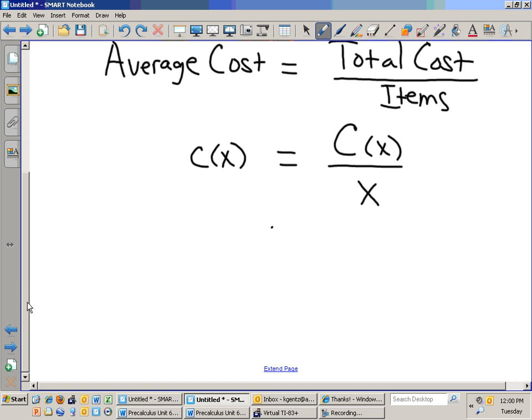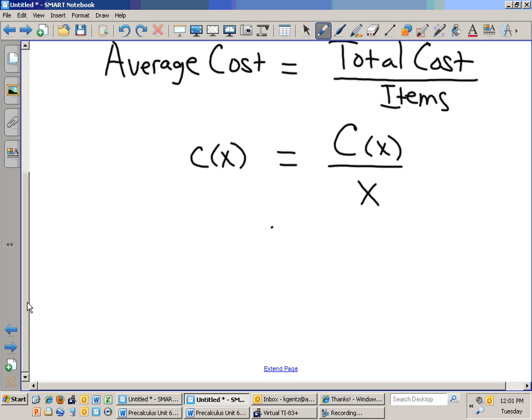Okay, I'm going to call that small c of x. So just want to make sure I got my notation right here. We're going to call that small c of x, okay? Small c of x. So the average cost function is equal to the total cost divided by the number of items produced, okay? Now, often within economics, would we like to minimize cost or maximize cost?